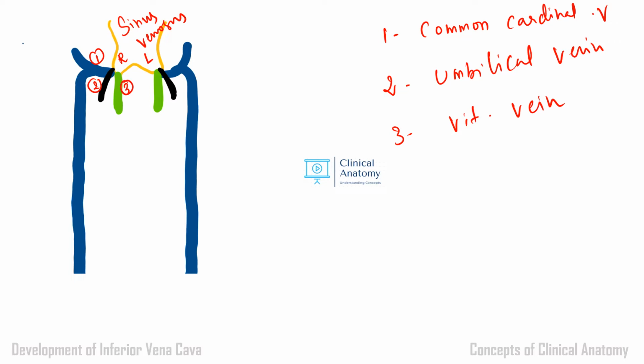In the common cardinal vein, from the cranial part, anterior cardinal vein; from the caudal part, posterior cardinal vein will drain. So this anterior and posterior cardinal vein combine to form the common cardinal vein. Then apart from that, we'll be having the umbilical vein and the vitelline vein.